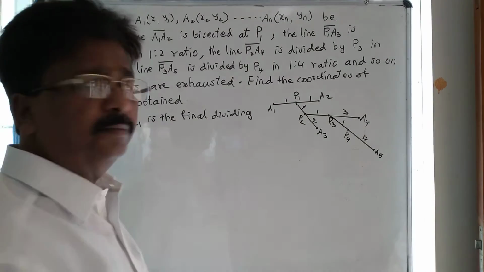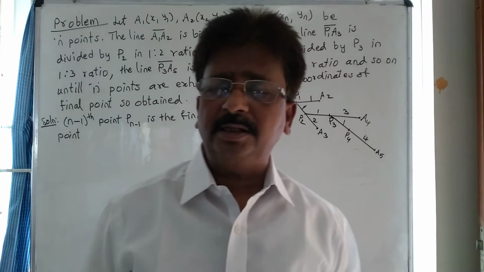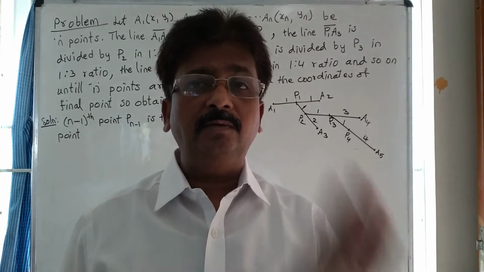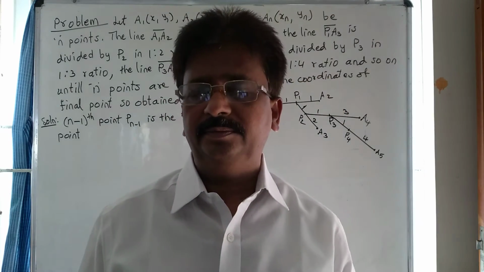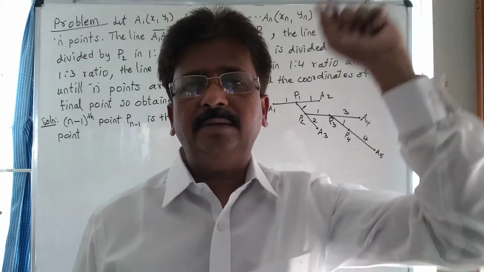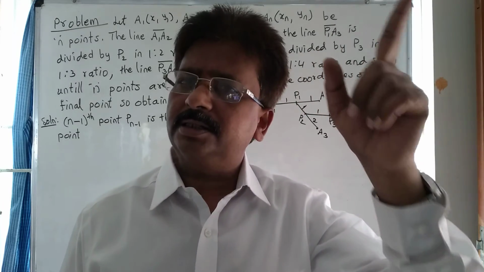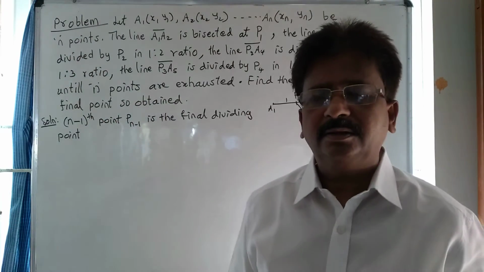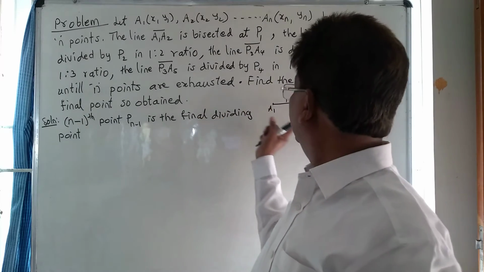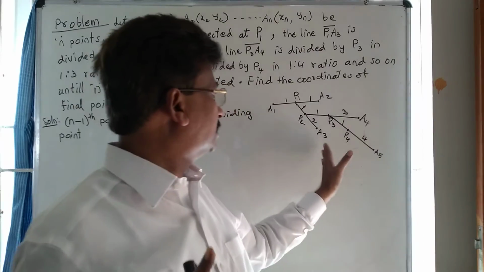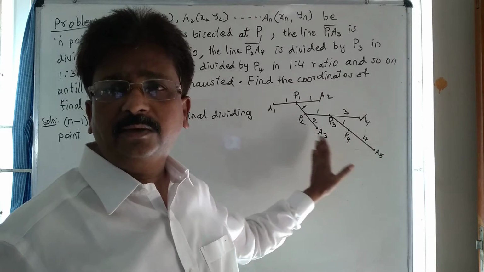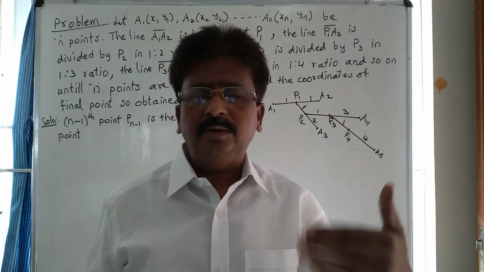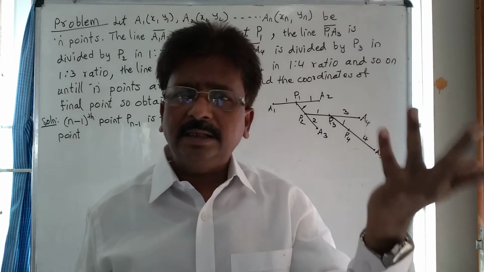I am asking the question: the point Pn minus 1 lies on which line segment? The last line segment. What is the last line segment? By observing these 5 points, A1, A2, A3, A4, A5, you can say the final line segment.